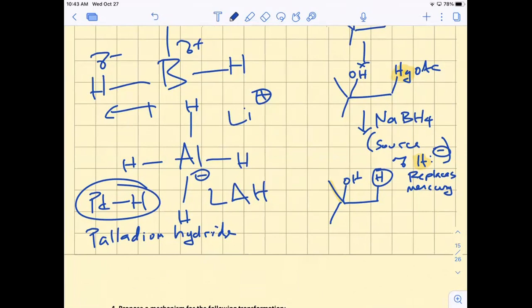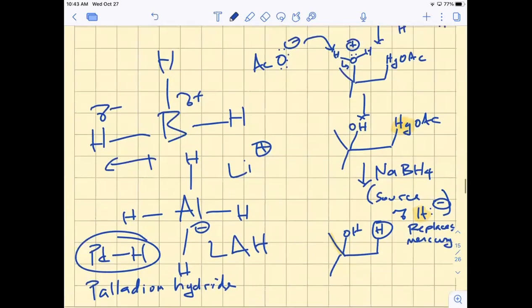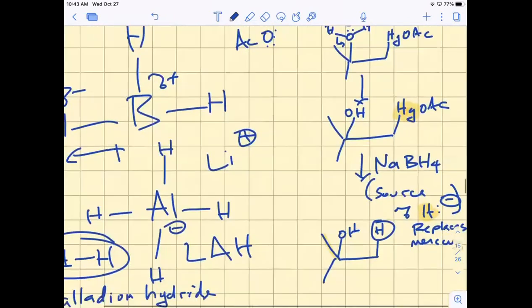Otherwise, it's going to act as a proton. So it's a really specific case: hydrogen bound to metals or metalloids like boron will act as a hydride. That's a great question too, by the way.